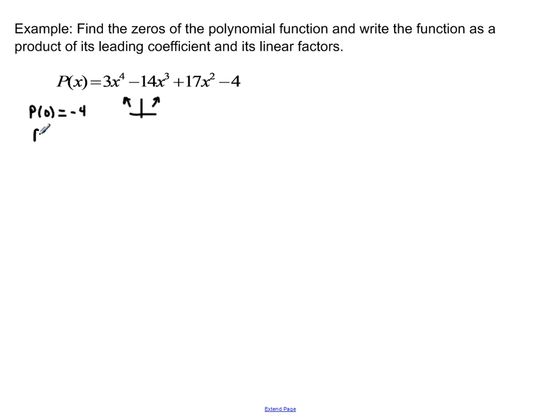What did Descartes' rule of signs say? Well, by Descartes' rule of signs, we say that P of positive x has 1 sign change, 2 sign changes, 3 sign changes. So we could get either 3 or 1 possible positive zeros.